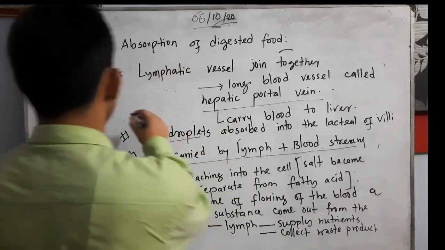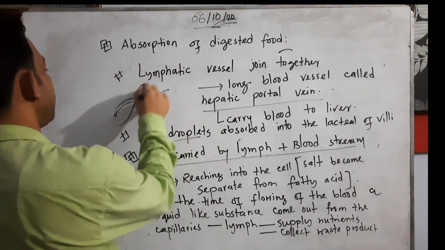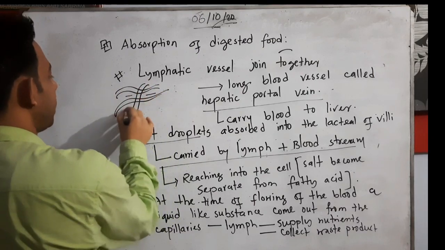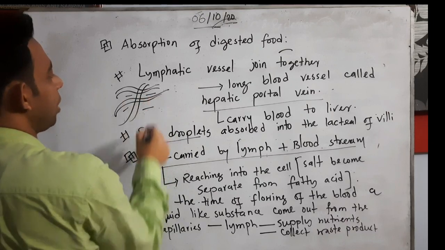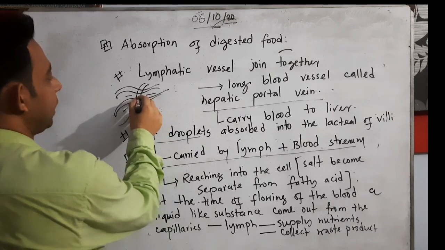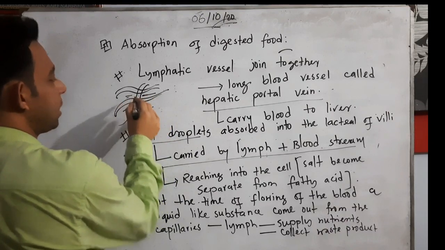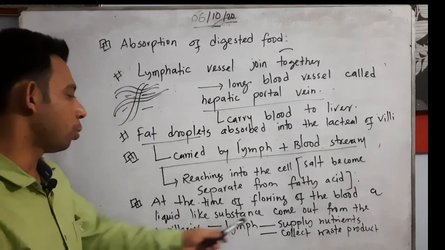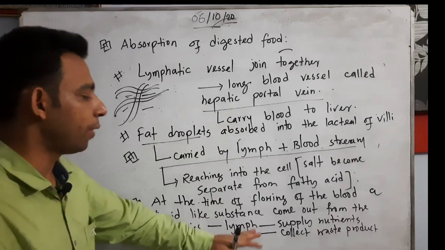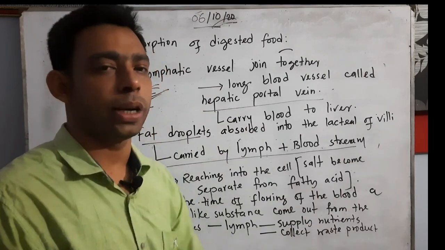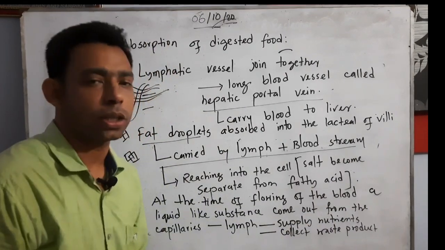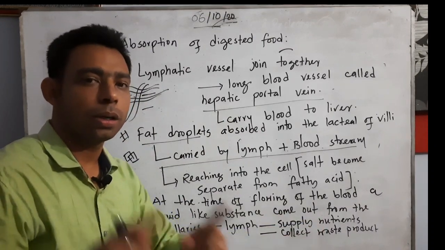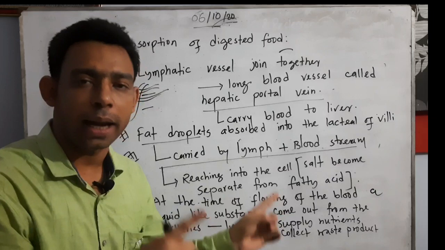So we have seen lots of blood capillaries in our body. The spaces in between them are filled up with some liquid called lymph, and that liquid comes out from the blood capillaries at the time the fat droplets are absorbed. This lymph supplies nutrients to the cell and collects waste product from the cell and blood stream.